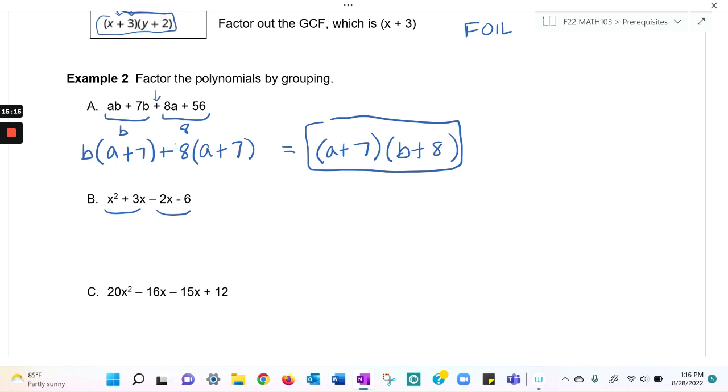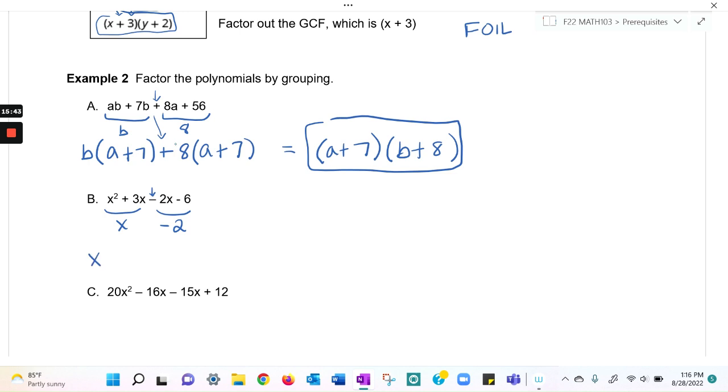So if we group it pair by pair and find our GCFs, x squared and 3x will have x. And then whenever you have a negative in the middle, your GCF is going to be negative on that second pair. So we're going to factor out a negative 2. On that second GCF, whatever the sign in the middle is, that's going to be the sign on your GCF.